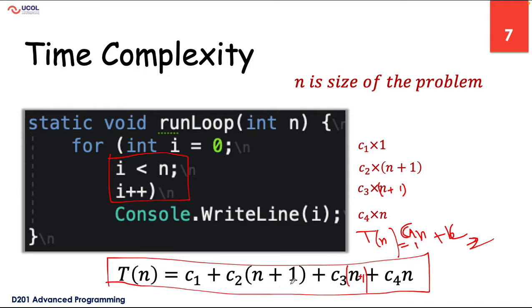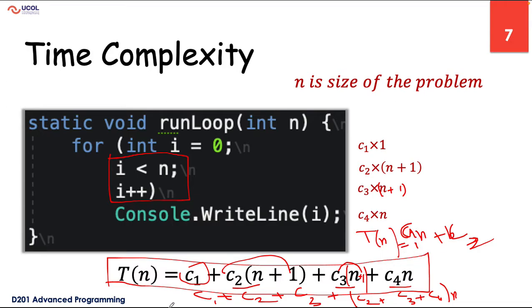Of course we can simplify it into C1 plus C2, which are the constant times, C3, this is coming from here, C1 multiplied by C2, that's C2, C1 multiplied by C3, that becomes C3, and then we have this term and this term. So it means that we are talking about C2 plus C3 plus C4 into n.